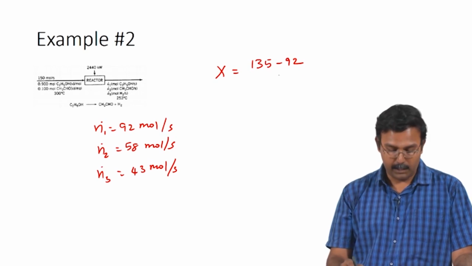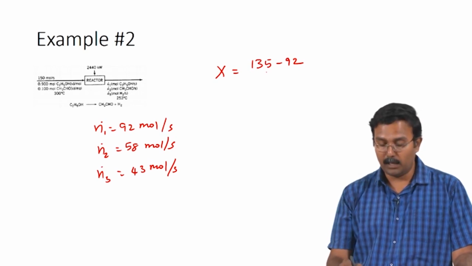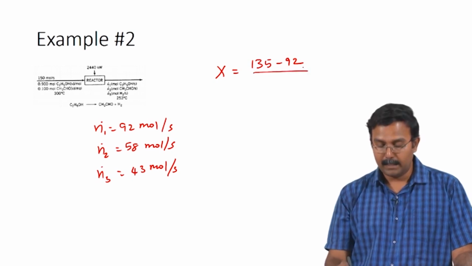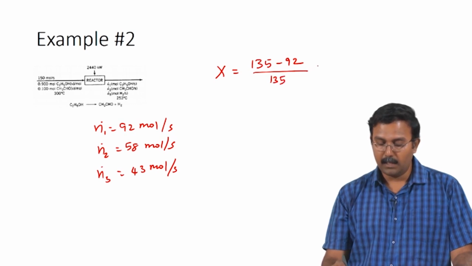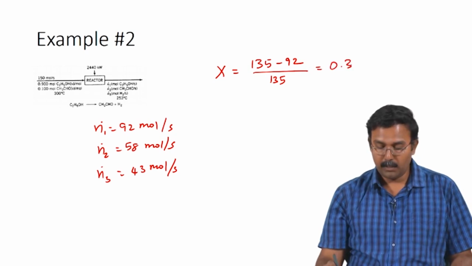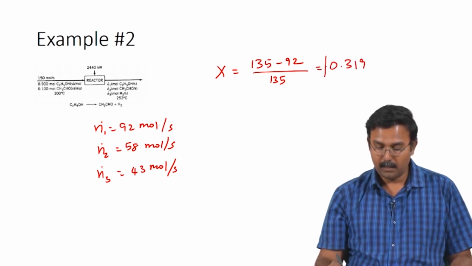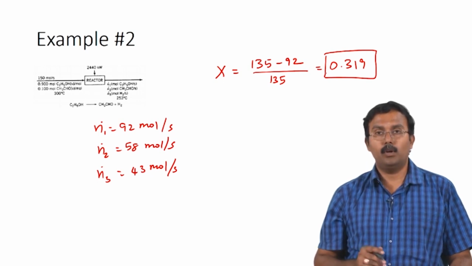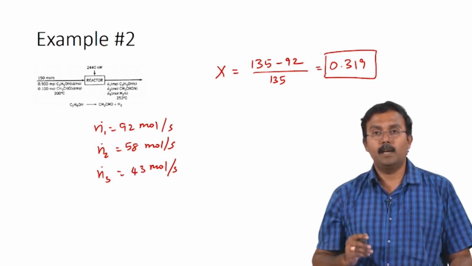Input is 135, 92 is the output. So, you have the difference between them as the consumption, and you have this divided by the feed, which is 135, and you would get a conversion of 0.319. So, fractional conversion for ethanol is 0.319.